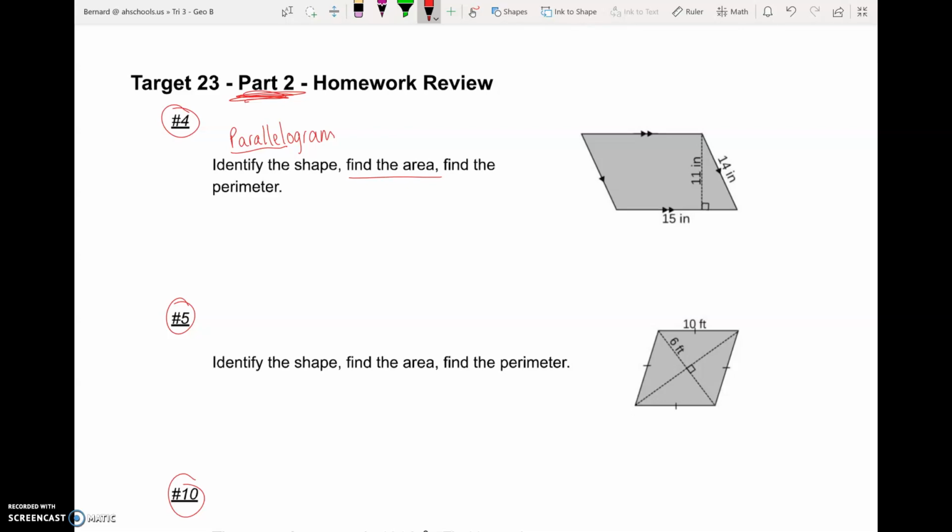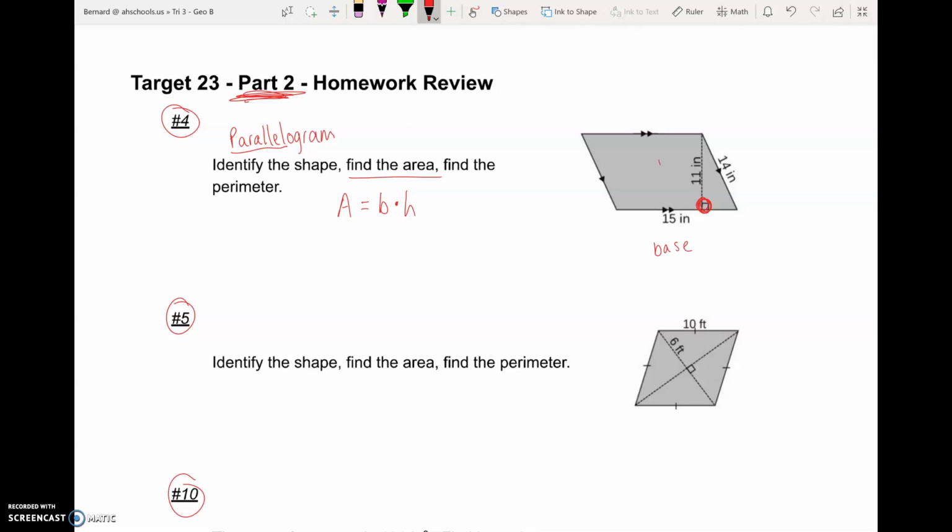So find the area. Area of a parallelogram is the same thing as area of a rectangle because a parallelogram is like a slanted rectangle. So it's simply base times height. Remember, the most important thing is your base and your height create a 90-degree angle with each other. Our base is 15. I think that's decently easy to visualize.